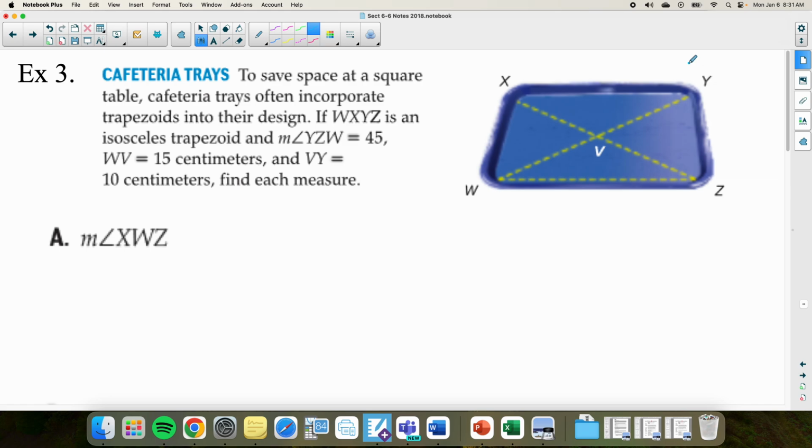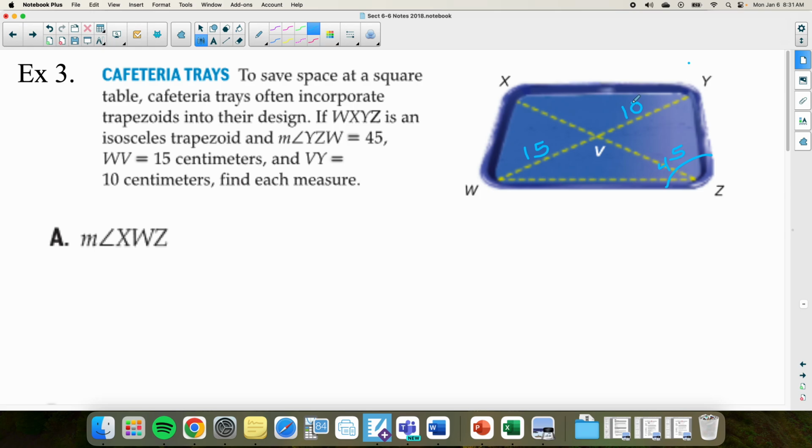If WXYZ is an isosceles trapezoid, and the measure of angle YZW right here is 45, and WV, which is this length right here, is 15, and VY right here is 10, find the rest of the measures.